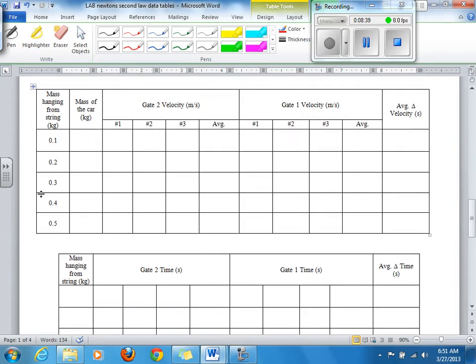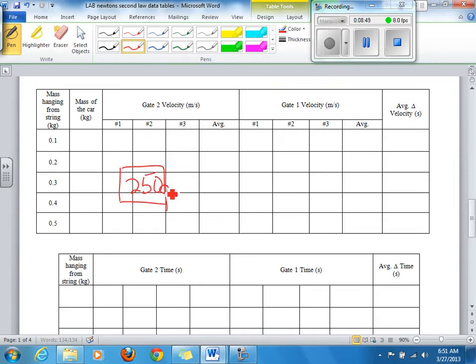What I want to note here is that the mass of your car, what I have for my car itself, was 250 grams, which equals 0.25 kilograms. Well, when you added a bar to it, that was adding a 0.25. And I think you added 3 bars to that, right?